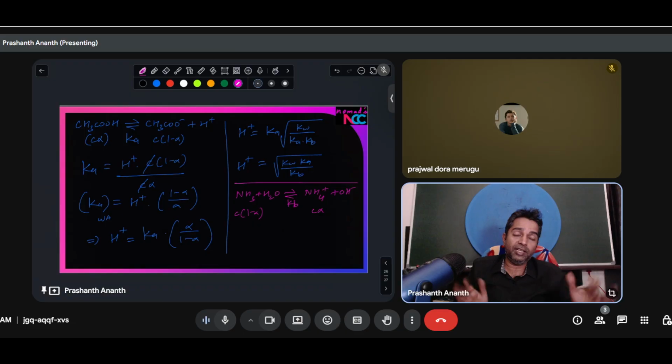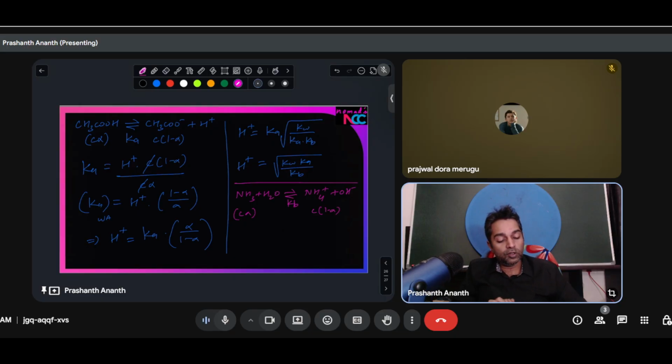And of course you can sit and calculate it in the same way. Oh no, I think I made a mistake here, sorry, it is the other way around. This is C into 1 minus alpha, this is C alpha, sorry, mistake. So you're going to be having this as Kb. H2O you can anyway neglect here because it's written as Kb. So you can get your OH minus using this expression.